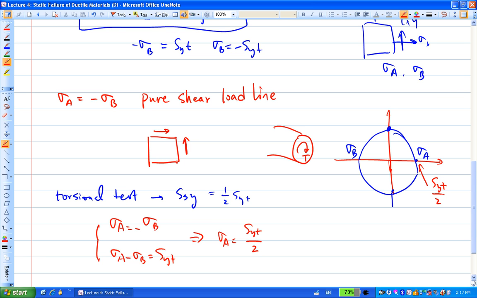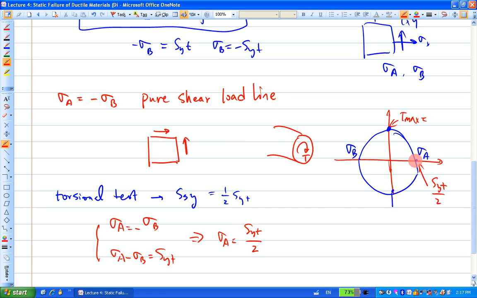Which means what? When you're doing the torsional test, according to this MSS theory, when your principal normal stress sigma A reaches this point, you are about to have the failure. And at this point, what is the tau max?